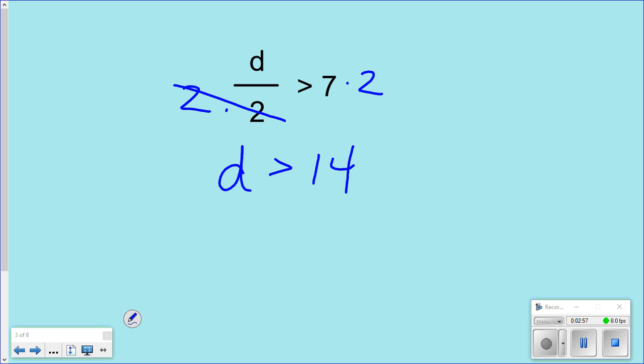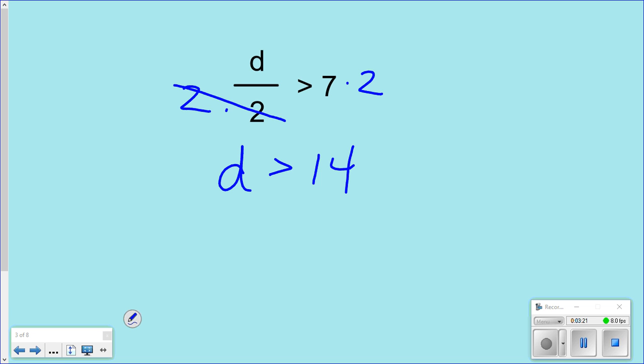So, what are some things d could be? 15, 16, 17, 18, 19, 20, 25, 30, 1 billion. So anything that I put in here that's greater than 14, if I put 16 in here, 16 divided by 2 is 8. 8 is greater than 7, makes it true. So anything greater than 14 is going to make that inequality true.